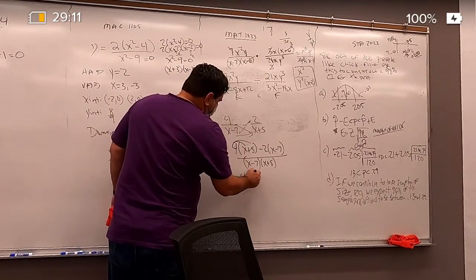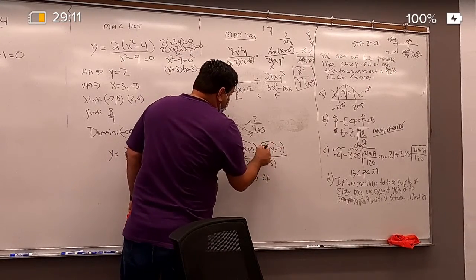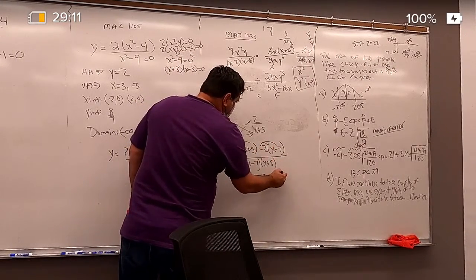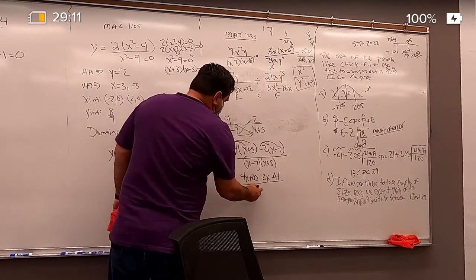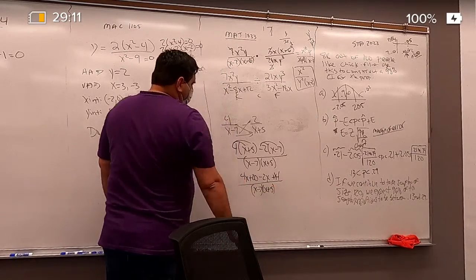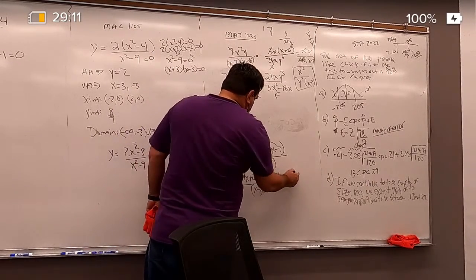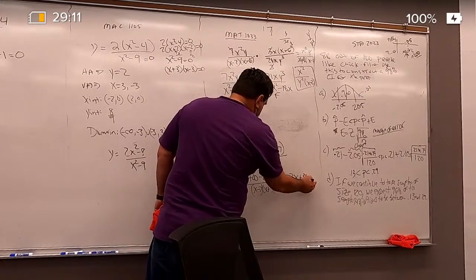(4x plus 20). Negative 2x, be careful here, plus 14. 4x minus 2x is 2x. 20 and 14 is 34.